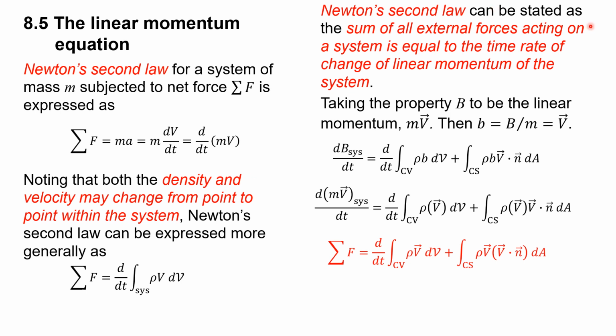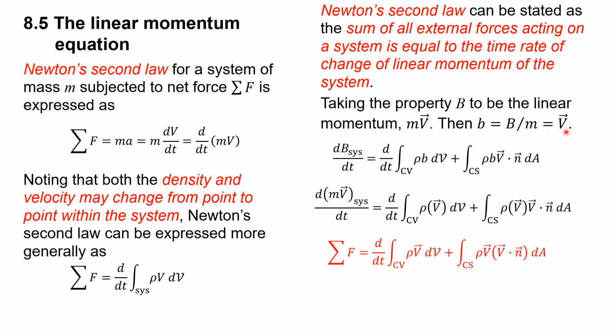So Newton's second law can be stated as: the sum of external forces acting on a system is equal to the time rate of change of linear momentum of the system. So we can take B as the linear momentum. Linear momentum we know is mv. So let's say smaller b is the derivation that we want to investigate. From here b equals mv.